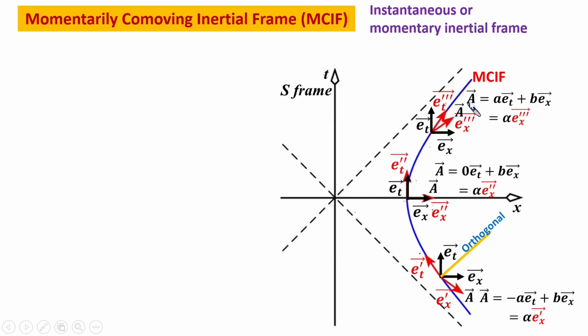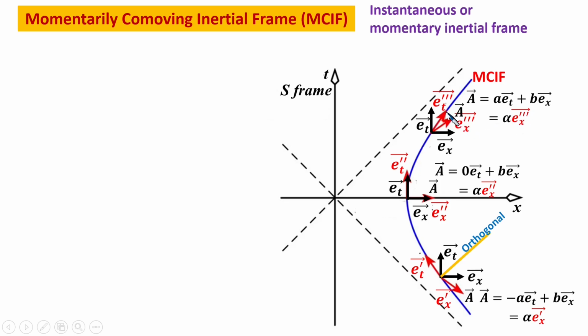For the stationary frame, say this is acceleration, you can write this as a component in the Et direction and b as the component in the Ex direction. So I write acceleration as a sum of these two components, whereas since acceleration is along this Ex triple prime frame, only one component is there, so I write alpha times Ex triple prime. So I have shown these three frames here.